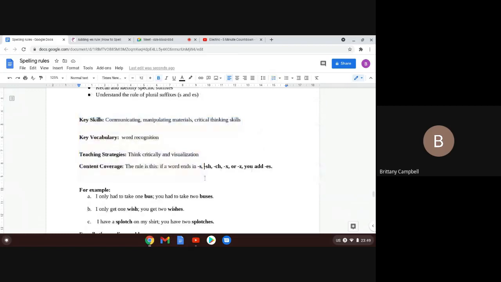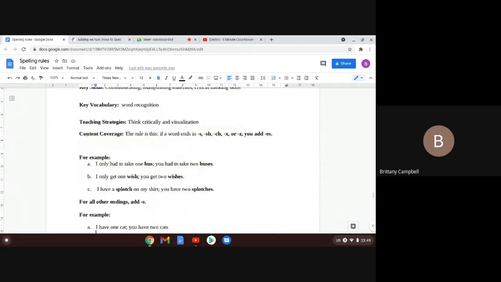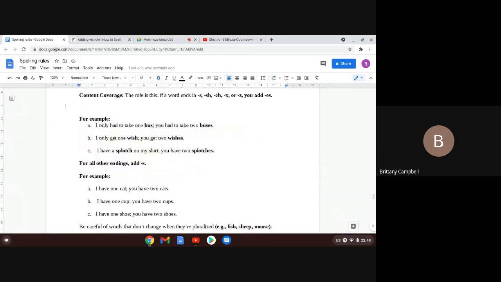It ends in S. Awesome. Now, another example is I only get 1 wish. You get 2 wishes. Awesome. I have a splash on my shirt. You have two splashes.